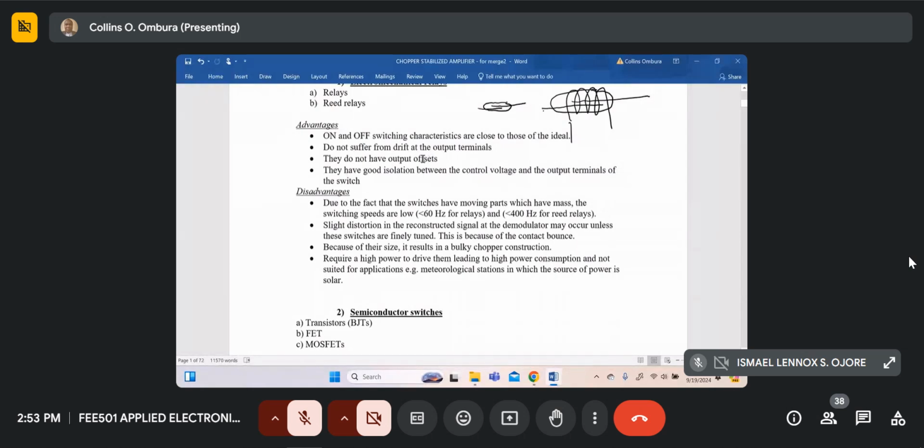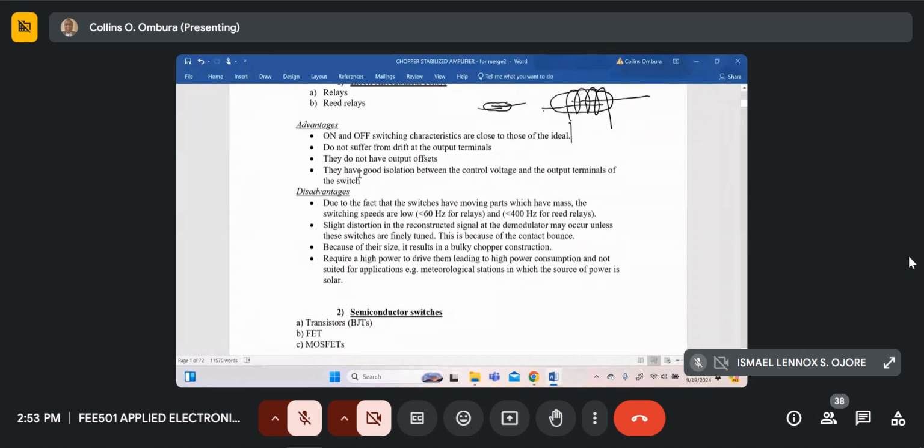That's if you don't ionize the gas inside. Next, they do not suffer from drift at the output of the terminals, because they're just contacts. When it's closed, the resistance is zero. When it's open, the resistance is almost infinity if you don't ionize the gas inside it.